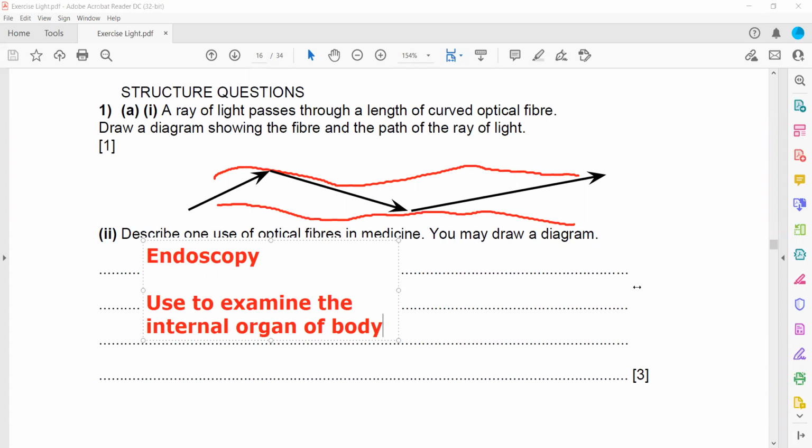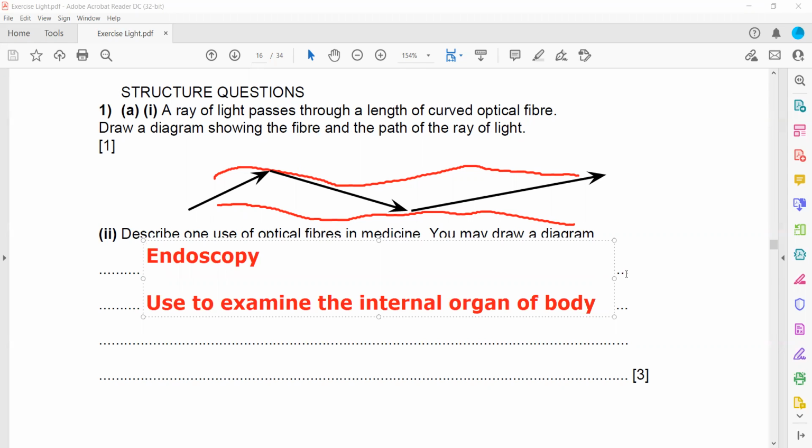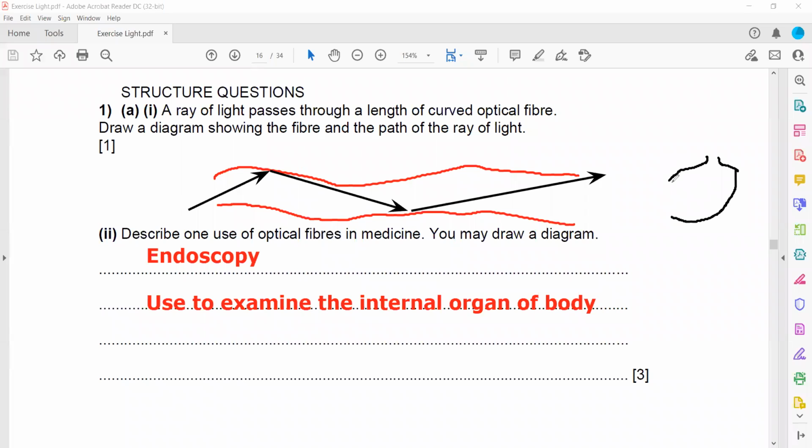For example, if a doctor wants to examine the esophagus or the stomach, what can the doctor do? This is the stomach, the wall of the stomach. This is the wall of the stomach, and then the esophagus is there, and then the mouth.